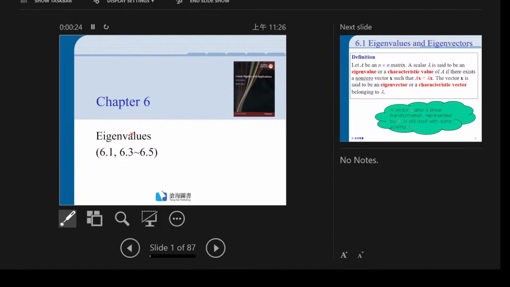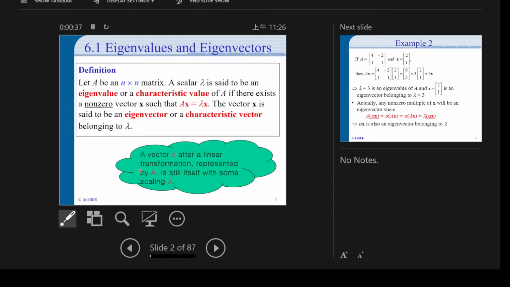We will skip chapter 6.2 because it's more on applications. We focus more on fundamental theory here. On 6.1 we talk about eigenvalues and eigenvectors. In this section we are doing more like matrix analysis. We focus on matrices, and we want to analyze the properties of matrices.